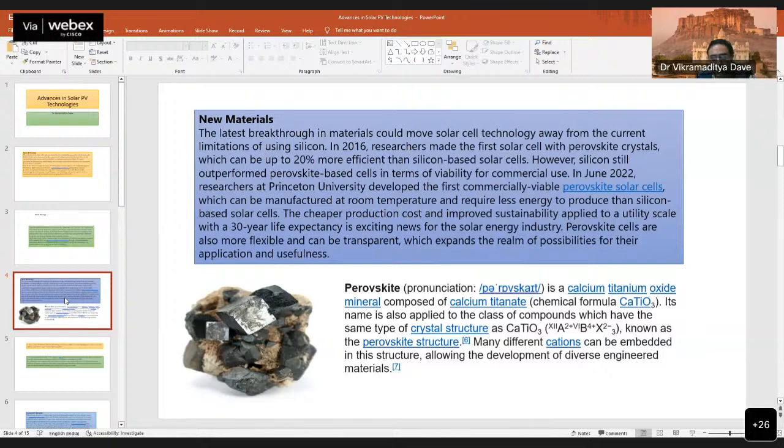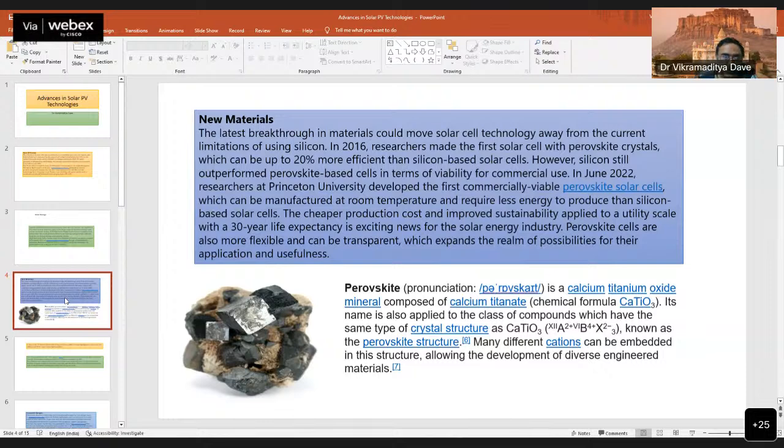So what is this perovskite? It is a special material discovered by a Russian scientist whose name was Perovski, and he obtained it from a composition of calcium titanate. So basically it is a composite material, and it has a crystal structure like calcium titanate. That is why the name perovskite refers to a material with the crystal structure of calcium titanate.